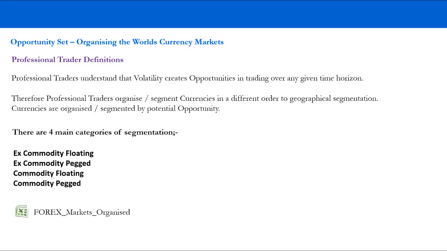So I want you to imagine, for example, a time horizon, and the time horizon can be any time horizon at all. So it can be 1 day, 1 week, 1 month, 3 months, 1 year. And I want you to imagine just any asset. It can be currencies, stocks, commodities, bonds.